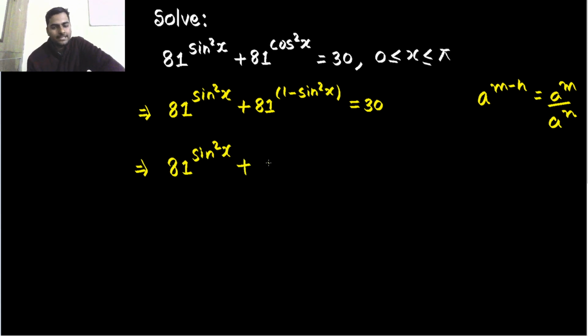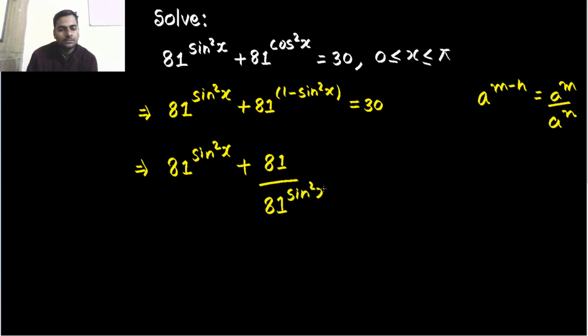This can be written as 81 power 1 divided by 81 power sin²x. Fine enough, because minus sin²x. So when it goes down, the power will become positive.